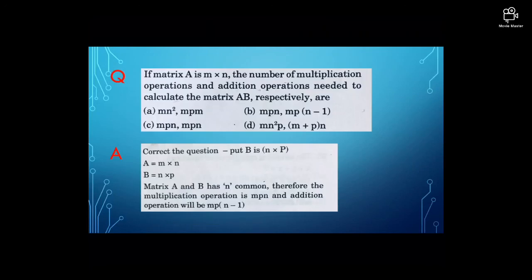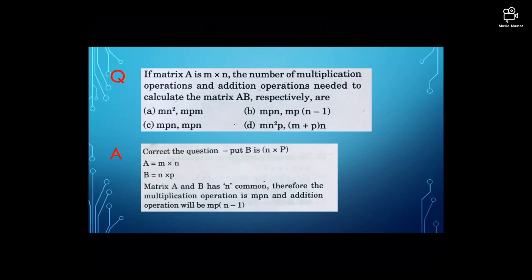Next question. If matrix A is m by n, the number of multiplication operations and addition operations needed to calculate the matrix A, B respectively are. So this is an important question, as well as one of the formulas which we have to remember. Suppose A is m by n and B is n by p.